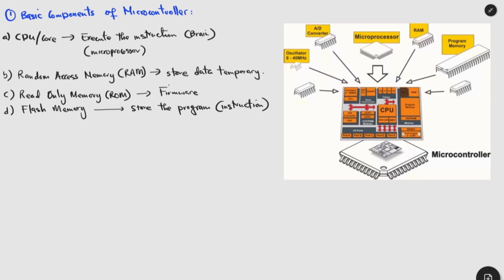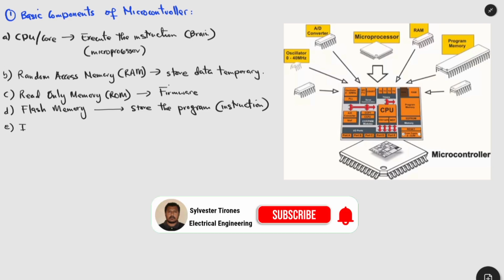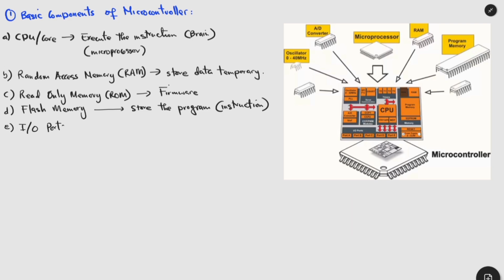And the other basic component is called the input and the output ports. So what is the input and output port? If you look at any microcontroller, you will see the pins, and those pins come with a label, and they have a specific function, and most of this function is to connect the peripherals, which we can call the external devices.